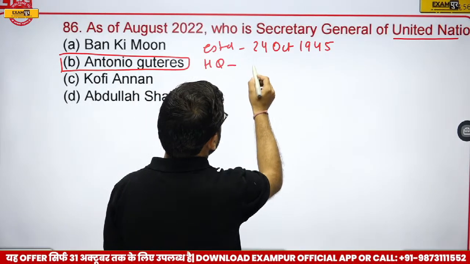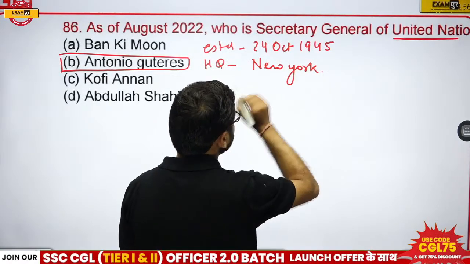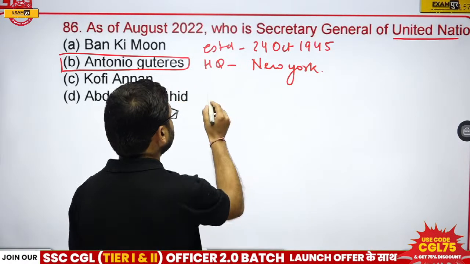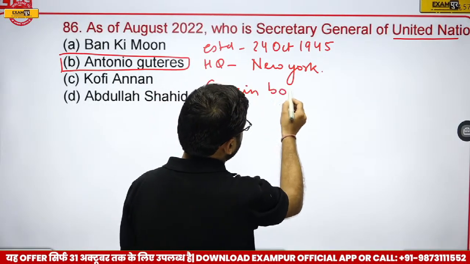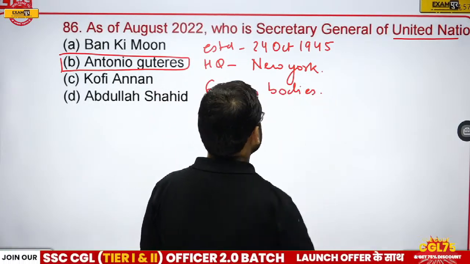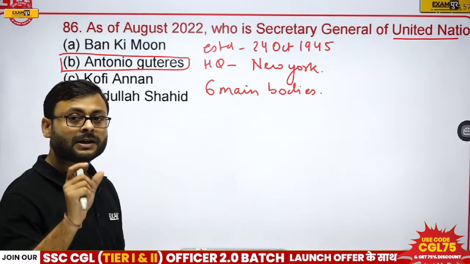It is headquartered at New York, and it has six main bodies, which are all headquartered at New York, except the ICJ.